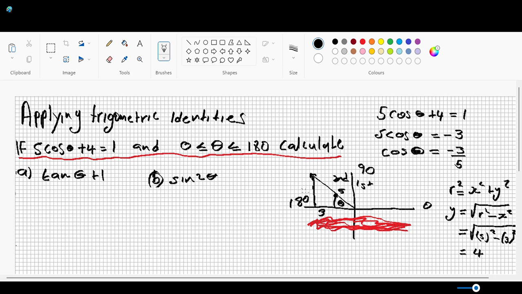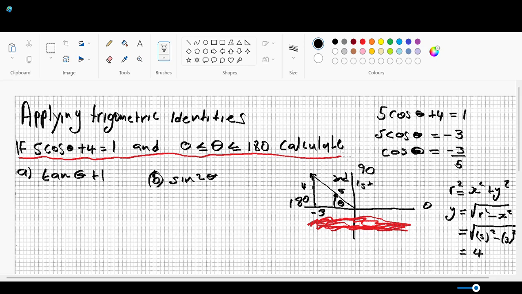So meaning now our opposite is going to be 4, positive 4, because as you can see, y is on the positive side, guys. But as for 3, actually this 3 is going to be negative because x is on the negative side. The adjacent is on the negative side, I mean to say, guys.